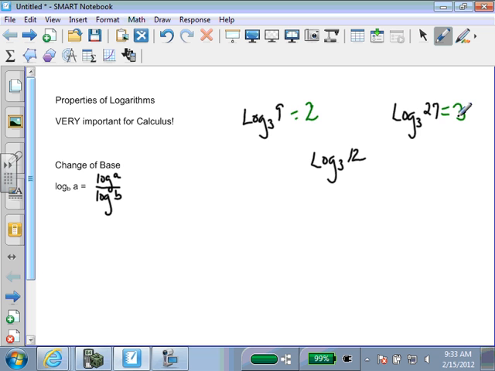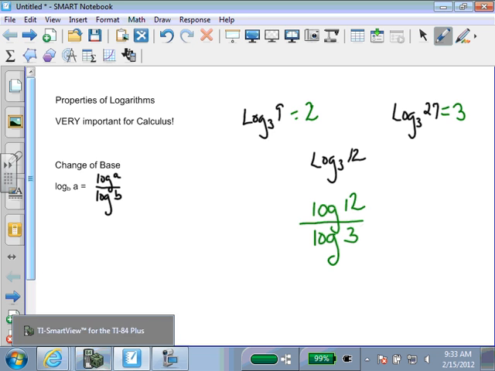Okay, so if I actually want to know what that value is, I could use my calculator and do log base 10 of 12 divided by log base 10 of 3.